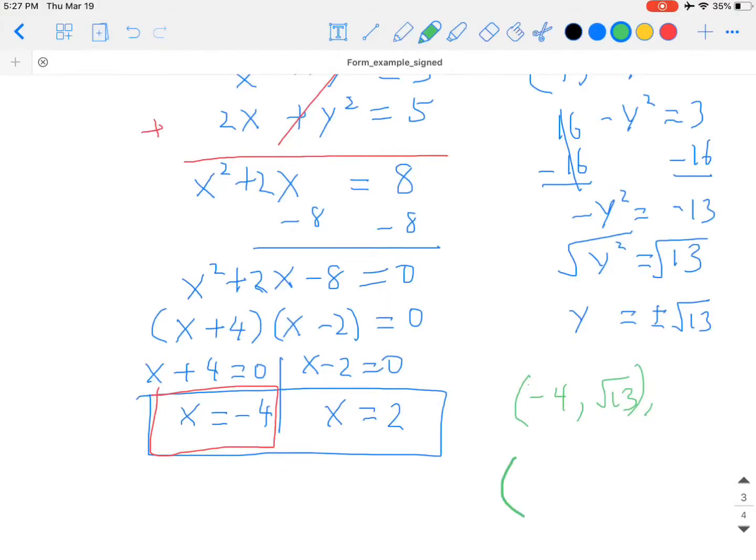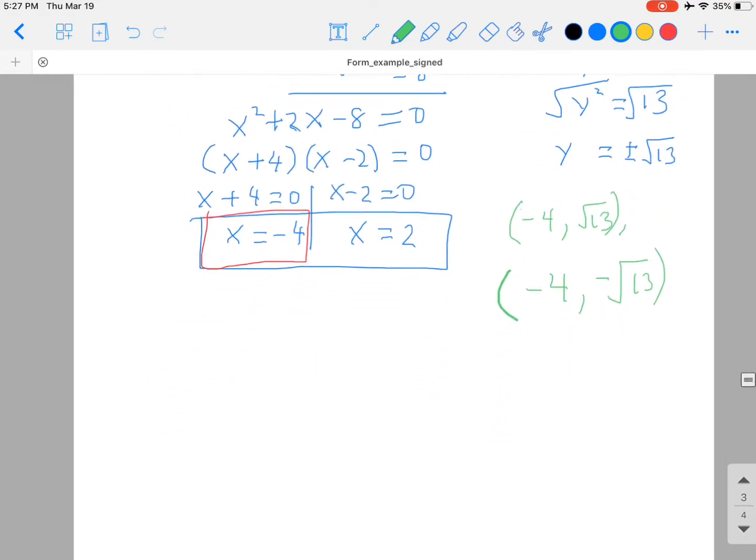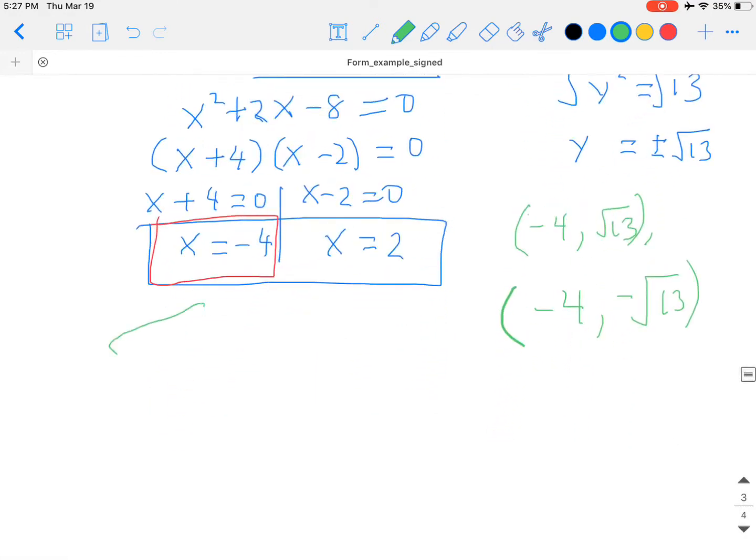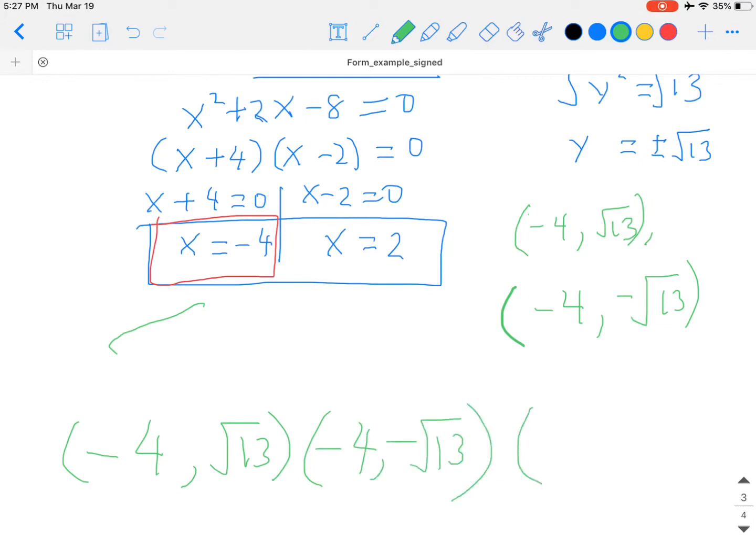And the second solution is negative 4 and negative radical 13. So overall, we have 4 solutions. We have (negative 4, radical 13), (negative 4, negative radical 13), and what about (2, negative 1) and (2, positive 1).